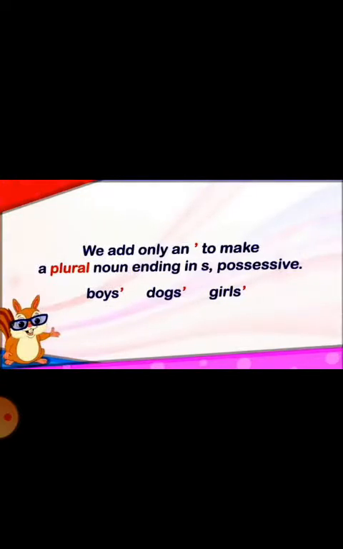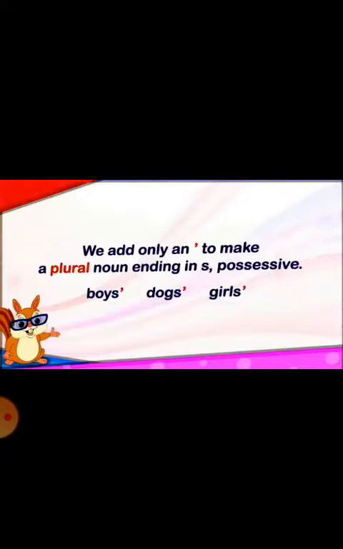Okay, now come towards the plural noun as a possessive noun. We add only an apostrophe to make a plural noun ending in S possessive. It means that we do not put apostrophe with S, because already some plural nouns end with S. Like you can see in the example, boys, dogs, girls.